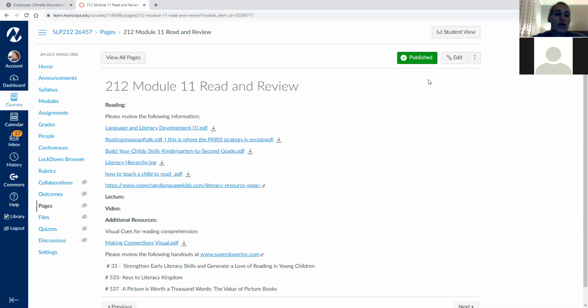And for the most part, if we look at the literacy hierarchy, there's lots of different resources in here. A lot of people are like, what's important? I like this visual, because the first step in literacy and language is listening. And obviously, as speech therapists, we're working on that receptive language piece, as well as talking.